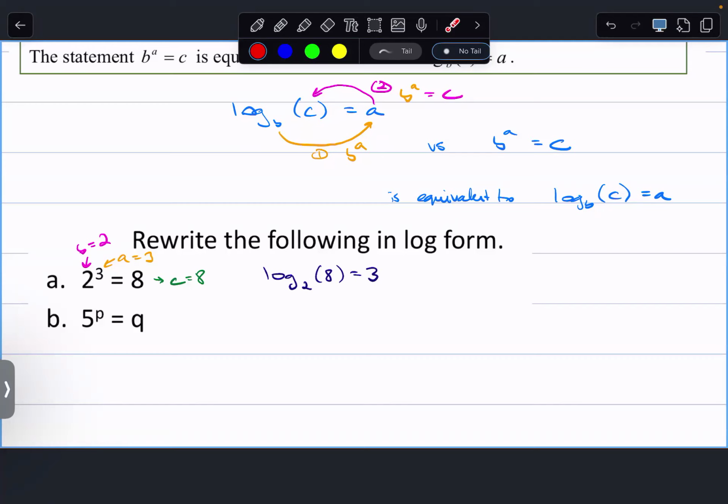So then I can do the same thing with the next one. And we can say, okay, well, I know b must be 5, a must be p, and c must be q.